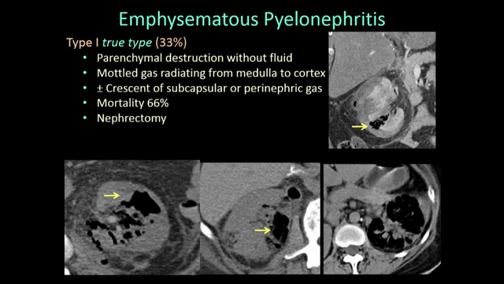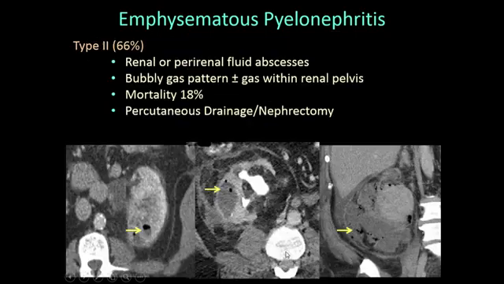There are different types of emphysematous pyelonephritis. We learn about the classic type, which is type 1, and that's when you have parenchymal destruction of the kidney that's replaced by gas, and the gas may be the entire parenchyma or within the striated component of the parenchyma.